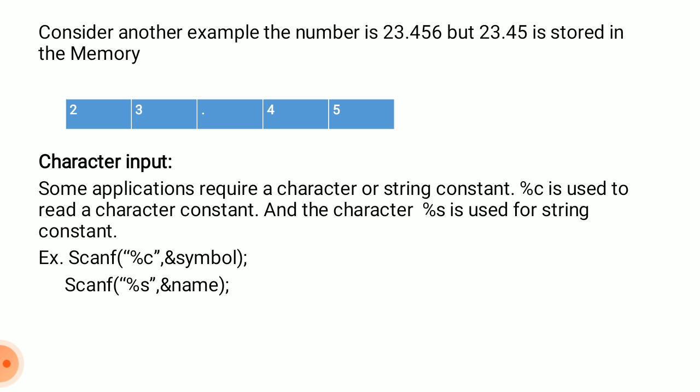If you want to read a group of characters, then we have to specify %s. %c means a single character, %s means a group of characters. Here you can see the example: the control string is %c, and the symbol may be anything, but it should be only a single character, and %s for name. A name is a group of characters, so for a collection of characters you have to specify %s.